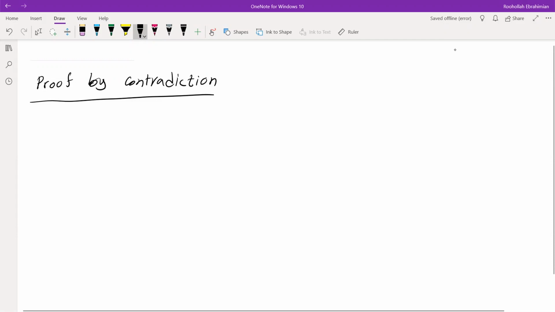I'll do one example for proof by contradiction, which I'll show you in two different parts. The example is this. This is a very classical example. Show that, I'll write in two parts.